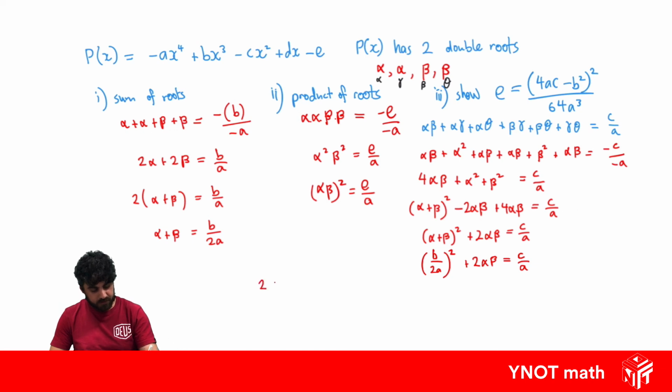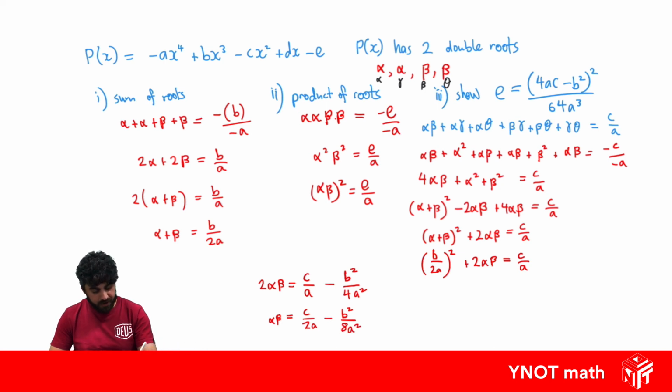So let's make 2 alpha beta the subject. And we'll say C over A minus B squared over 4A squared. And let's go ahead and divide everything by 2. So we'll say alpha beta is going to be C over 2A minus B squared over 8A squared.